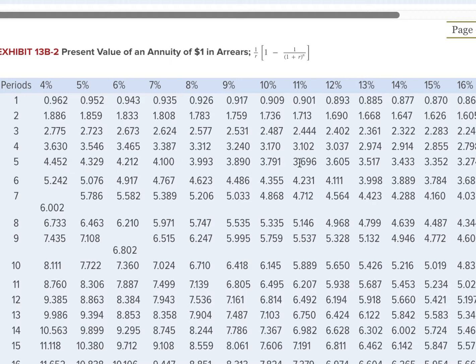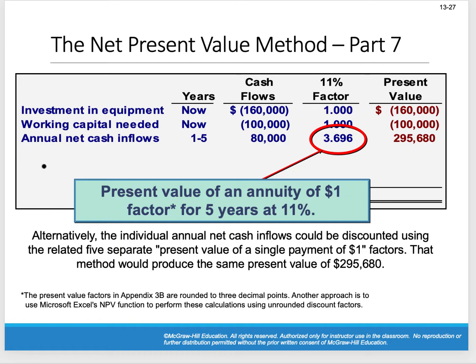So I come down from 11% and go over from the left, I move to the right from period 5, and I end up with 3.696. So that's the factor that I use. We multiply 80,000 times that factor. That's how much that stream of payments over 5 years is worth today.